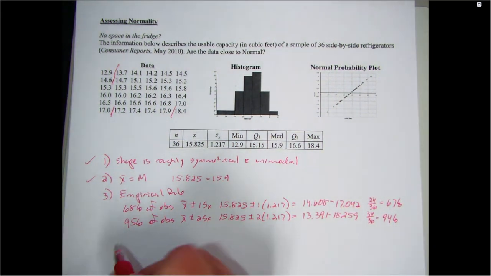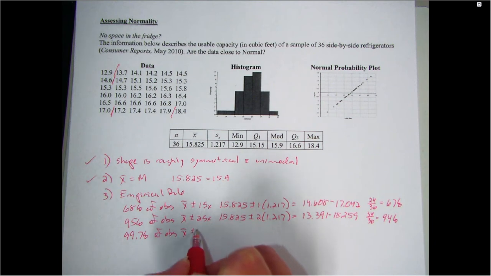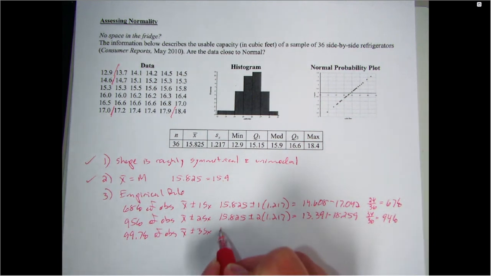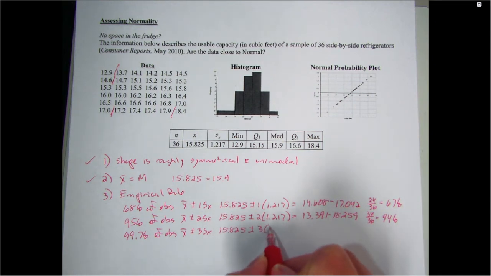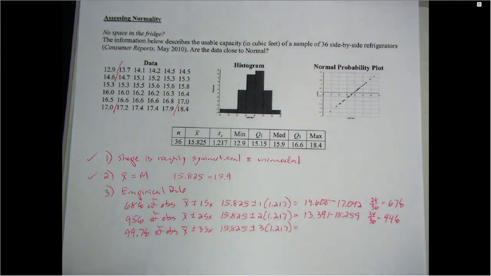Yay. And then the last part of the empirical rule says 99.7% of the observations fall within 3 standard deviations of the mean. So we're going to take our mean again, and subtract and add 3 times the standard deviation. Again, throw that in the calculator, make sure your numbers match mine.